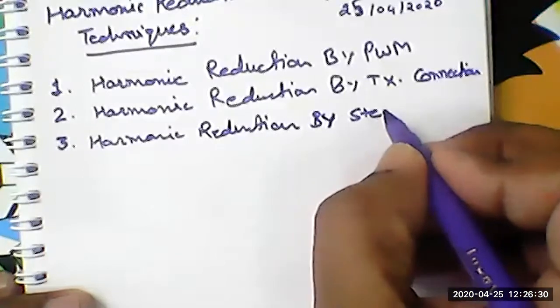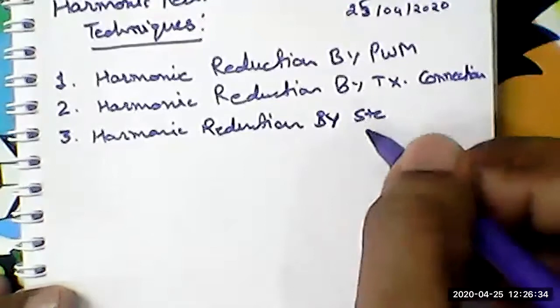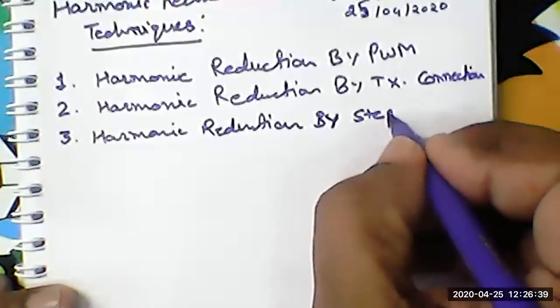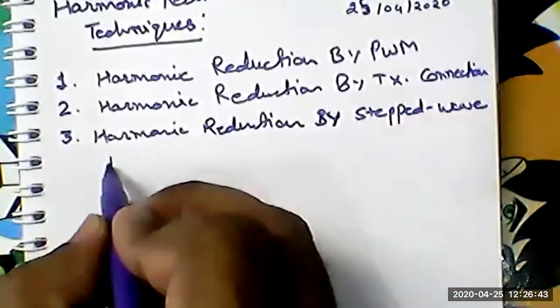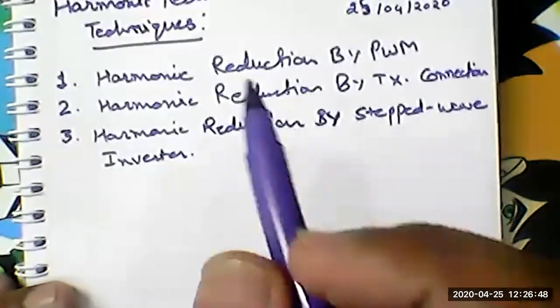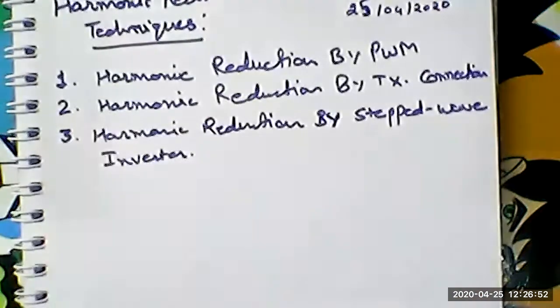We will see how two simple step wave inverters can be used to get reduced harmonic content. We will see in detail. These are the techniques which we use to reduce the harmonic content of the output voltage, right? This is the second last.